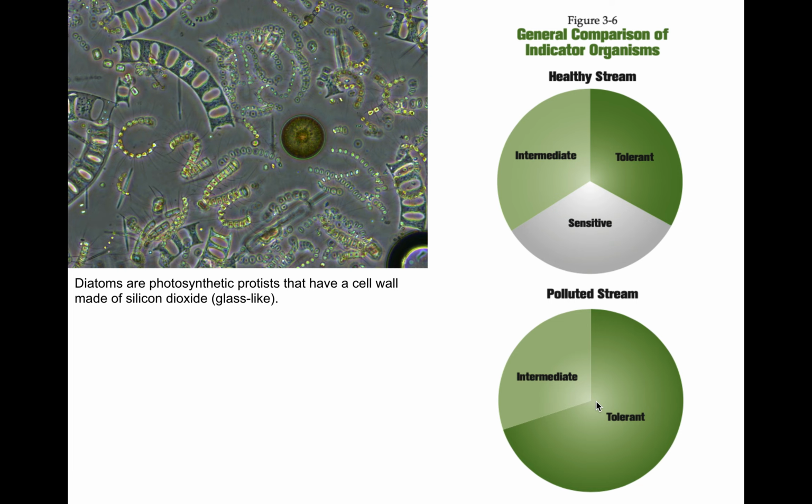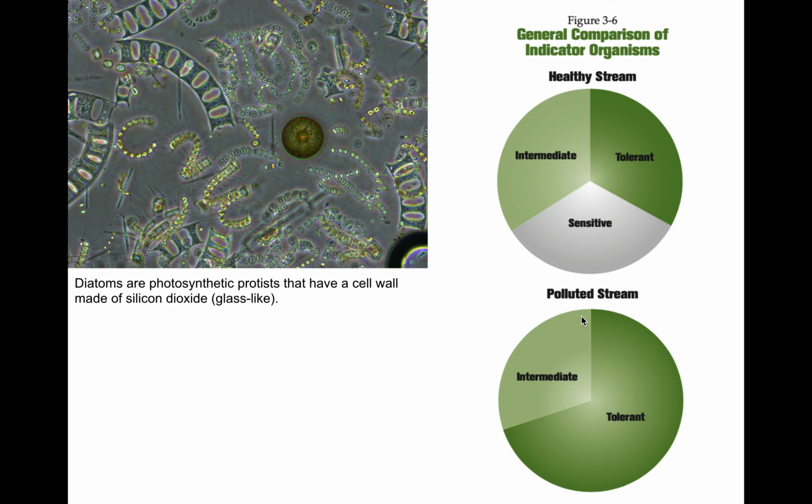So in a healthy stream, you really do expect to see an even distribution of a bunch of different species, because some species will be more tolerant to the pollution, some will be kind of intermediate, some will be very sensitive. So you expect to see a good level of sensitive organisms, and then intermediate and tolerant.